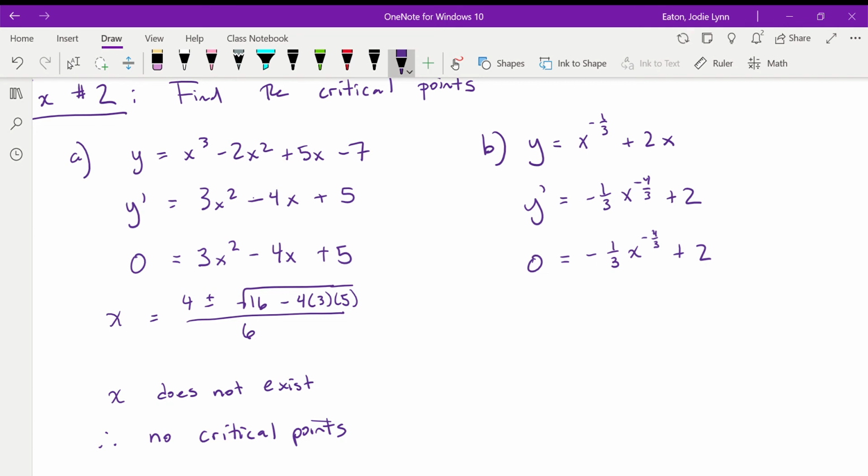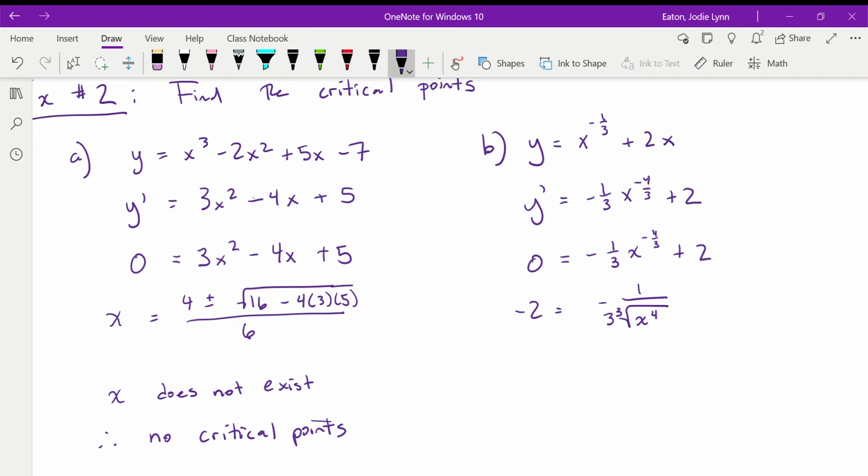So the thing is, we have a negative fraction as an exponent, so we may want to think about what's happening here. So we have negative 2 equals negative 1 over 3 times the cube root of x to the 4th. Okay, so when x equals 0, we are going to have a big problem.